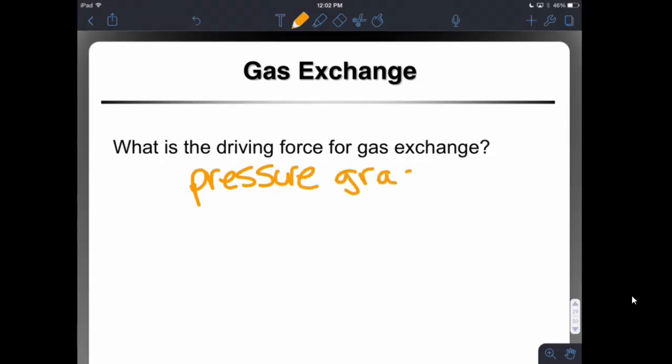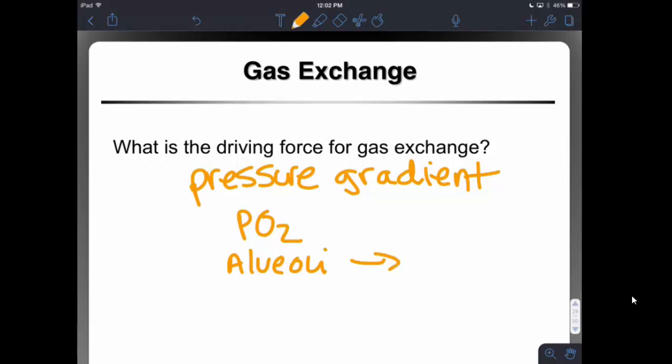Just like blood flow through the heart, gases are going to move due to pressure gradients. So these gases exert pressures that will determine which direction they move. So a pressure of gas would be PO2. And if we know that gas is moving from the alveoli into the capillary, that must mean that the PO2 in the alveoli is greater than the pressure of oxygen in the capillary.